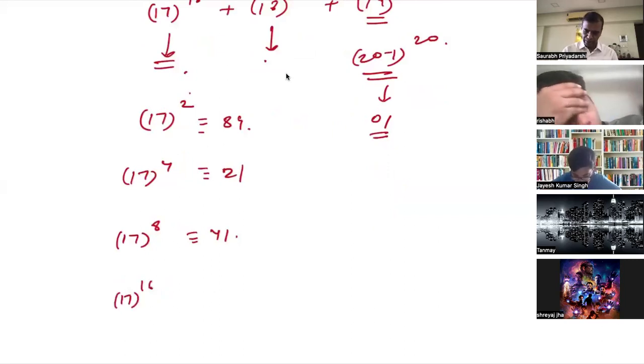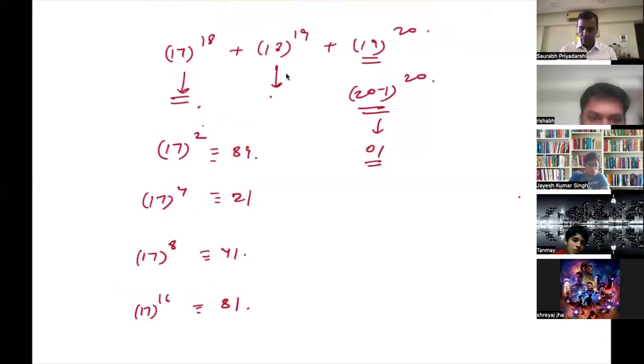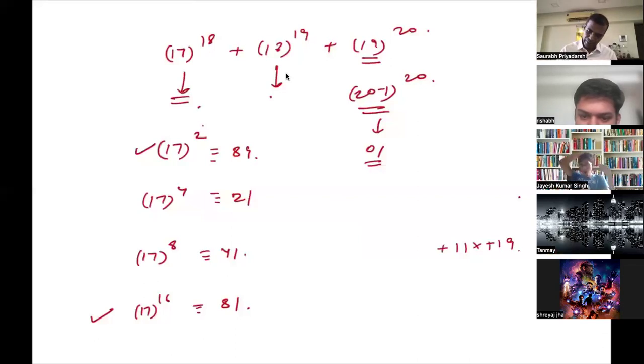What we required is 16 plus 2, right? So minus 11 into minus 19. I'm writing 89 as minus 11, and 81 as minus this. So this will be very simple. 09 I'm getting from this.